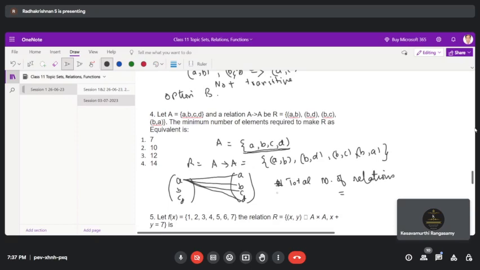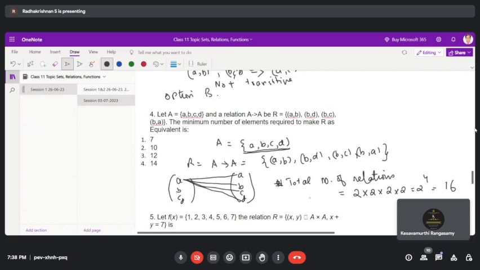Since there are 4 elements, each element can be there or may not be there in the relation. So we saw that for each element there are 2 options, therefore 2 into 2 into 2 into 2, 2 power 4. Here there are 4 and here there are 4, each element can be mapped that way also.